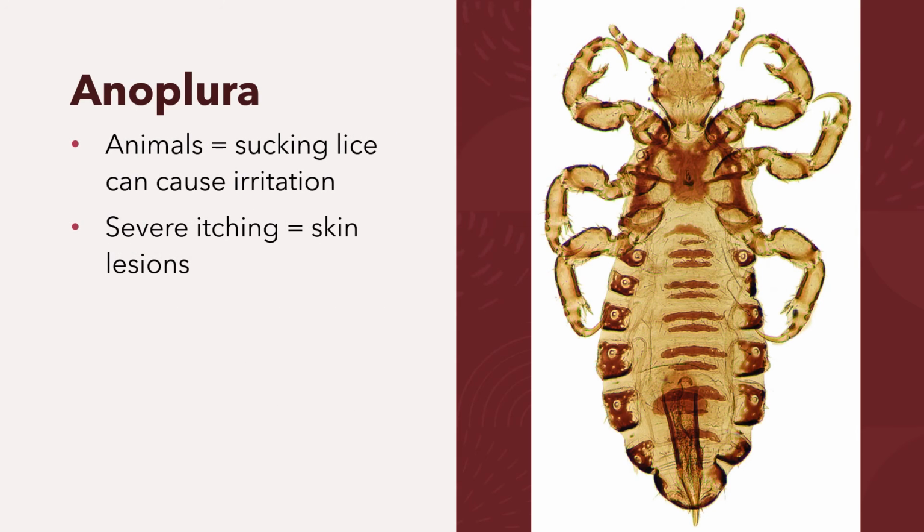For the significance of the sucking lice, or the suborder Anoplura, in animals they can cause irritation. They can also cause severe itching in skin lesions. They are considered to be of medical and veterinary significance because they serve as vectors of some diseases.